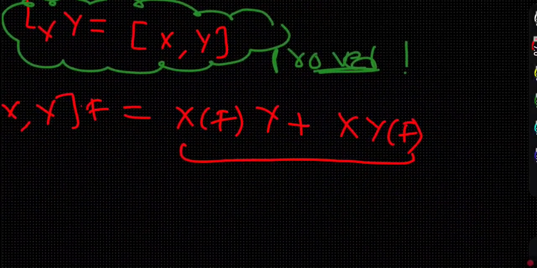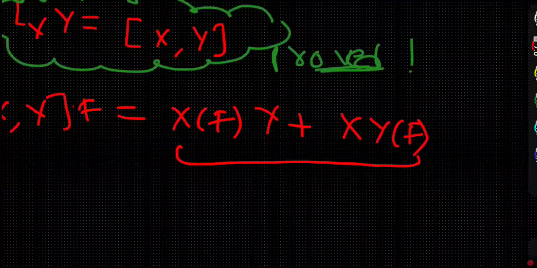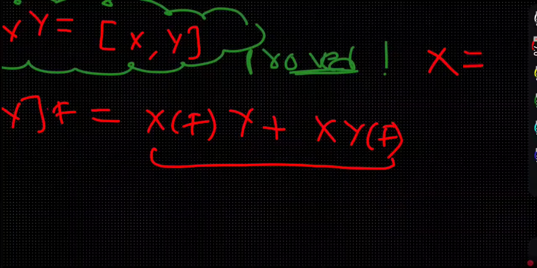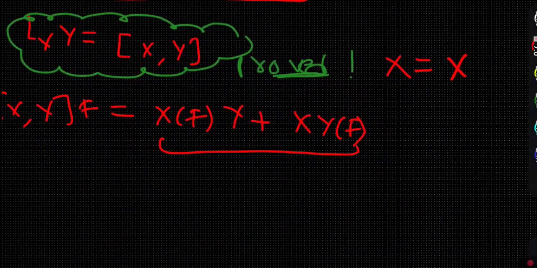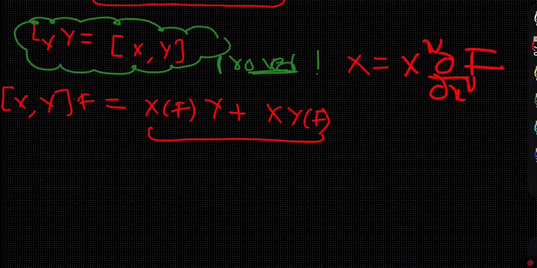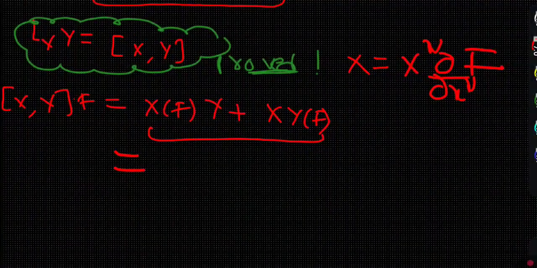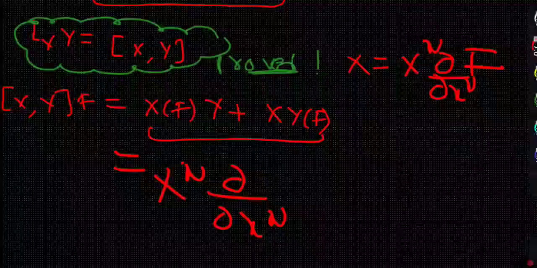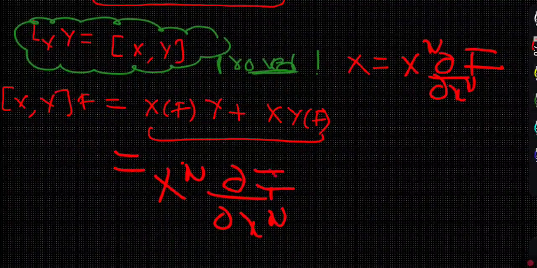Then you know the formula of this particular x, how to represent this x. The formula of any vector field x is represented by x of mu and del by del x of mu. What you have to do is just put here the function f. So you can write this as x of mu del by del x mu, and here your function f, and here y.